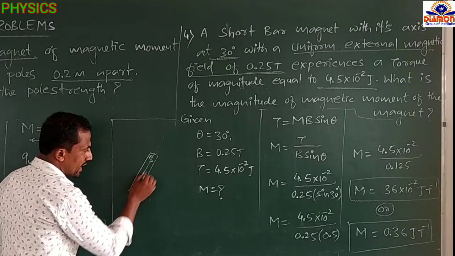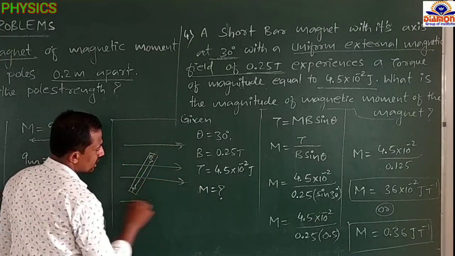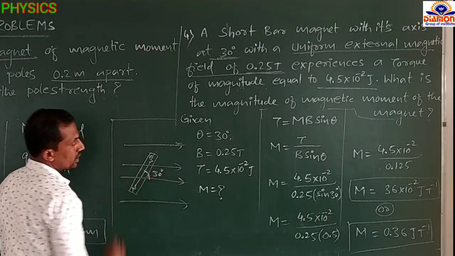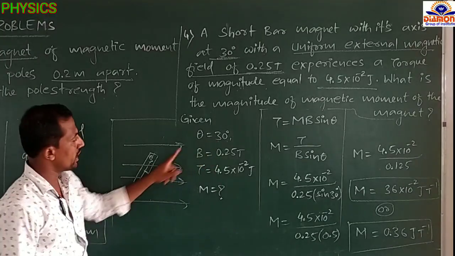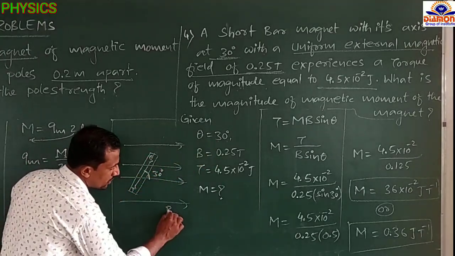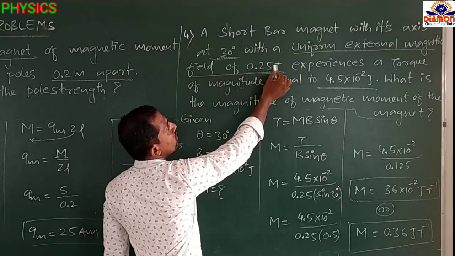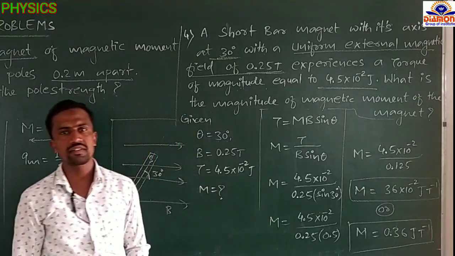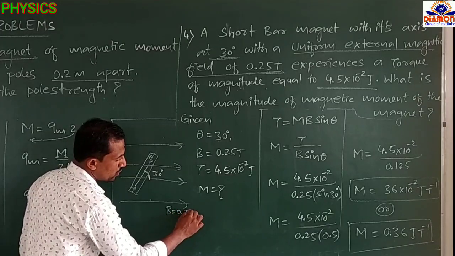What is the angle here between the magnetic axis and the uniform magnetic field? 30 degrees. The 30 degree means theta value is given. It is placed in a uniform magnetic field, means B. B equals 0.25 Tesla. T means Tesla. Tesla is the SI unit of magnetic field.